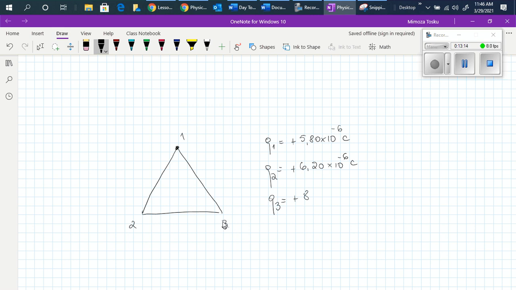Q3 is positive 8.0 times 10 to the power of negative 6 coulombs. And it's an equilateral triangle, so the distance is equal to 0.02 meters. What is the electrostatic force net at each of them? At 2, and what is the electrostatic force net at 3?